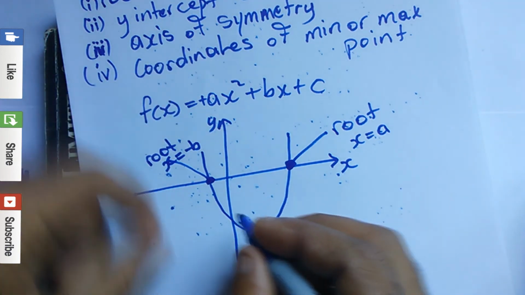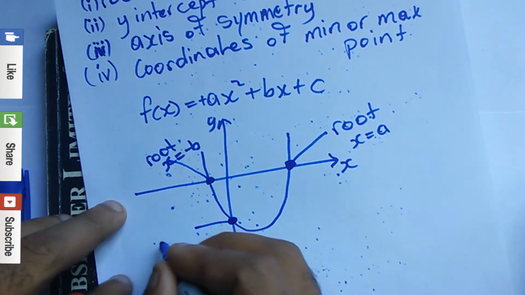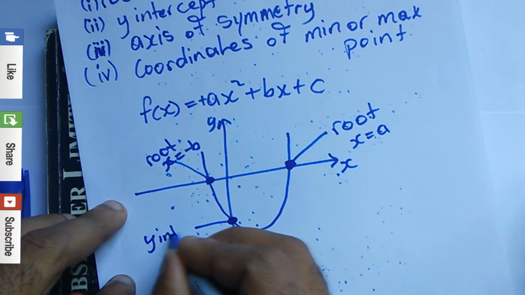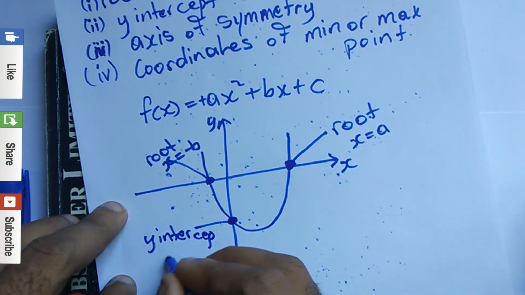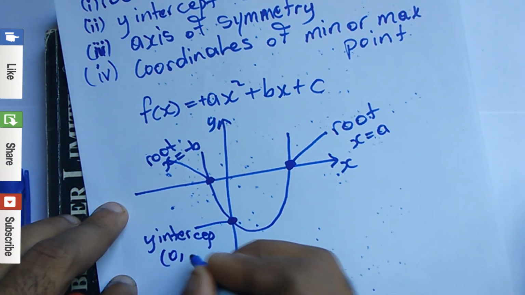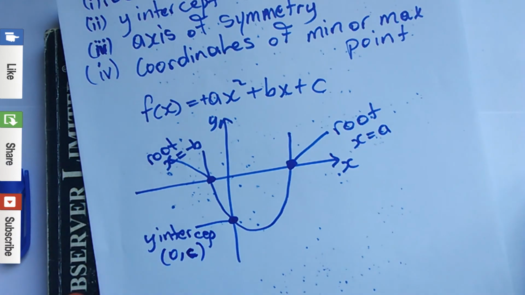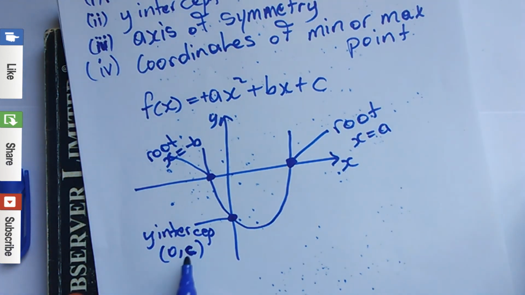Also, the y-intercept is where the graph cuts which axis? The y-axis. So right here would be the y-intercept, and the coordinate right here would be 0, comma c, because the y-intercept is the c value.